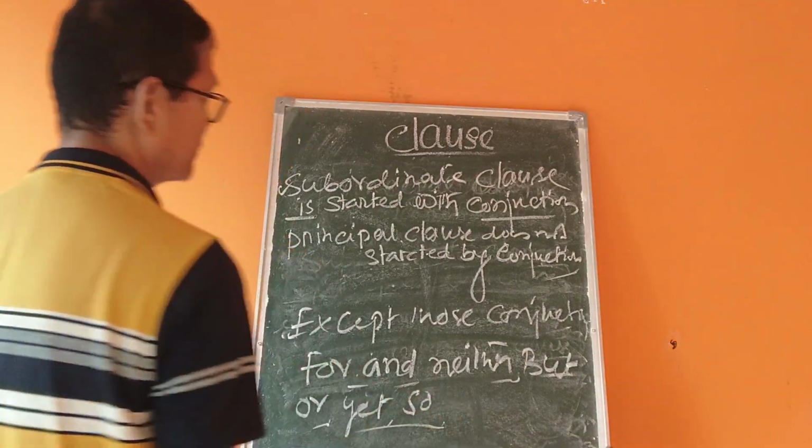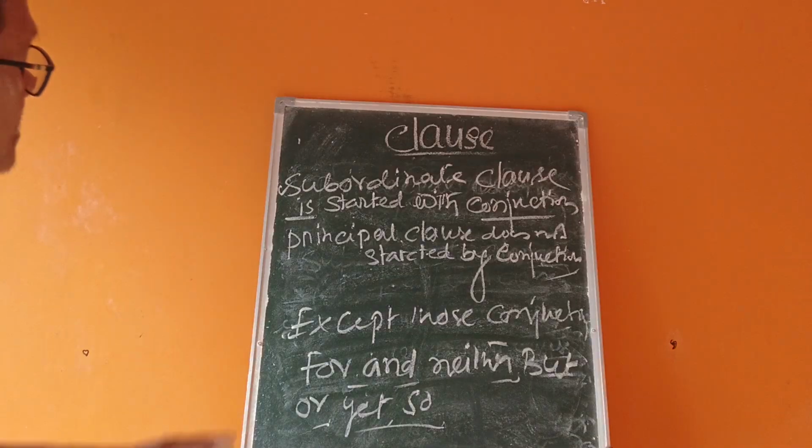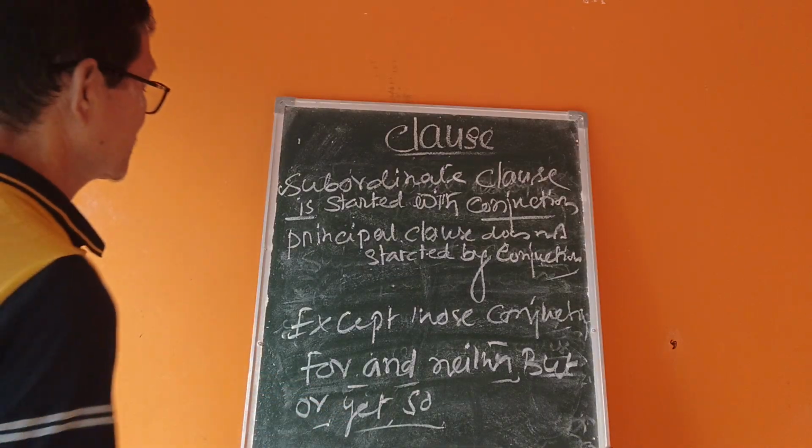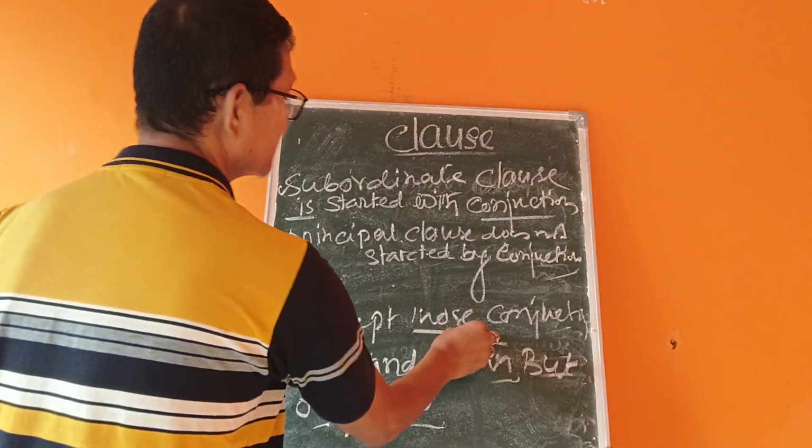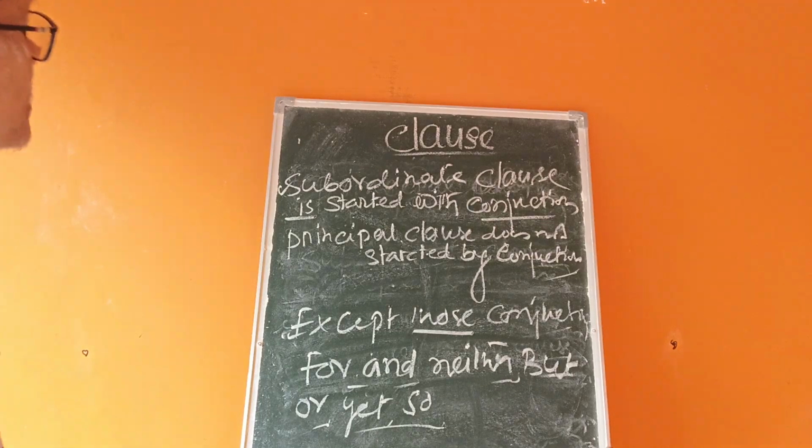So there are seven conjunctions. If there is one of these conjunctions, it will be considered a coordinate clause.